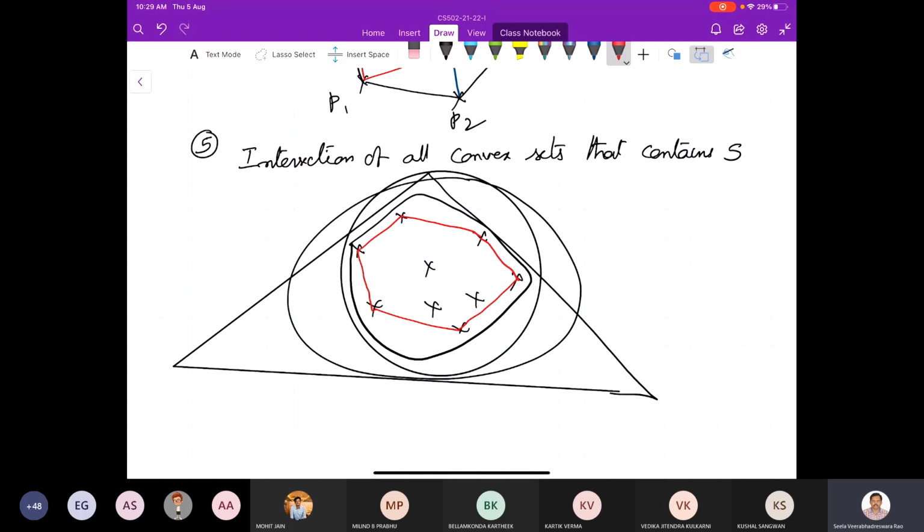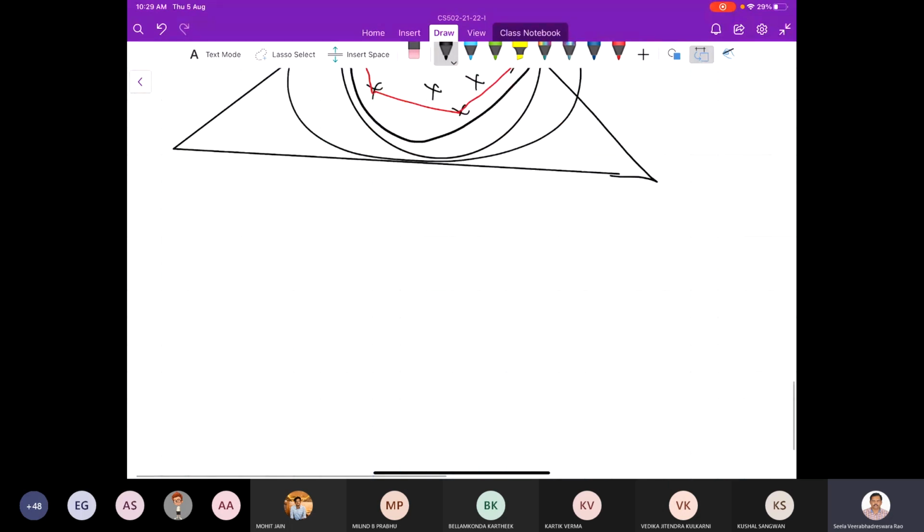Now we will have another definition, a much more interesting one actually, which can be used to compute this convex hull. Before that we need some definitions. We know the two-dimensional plane.